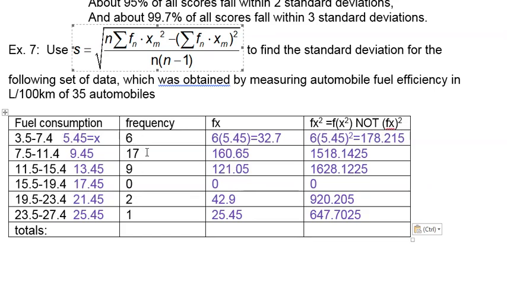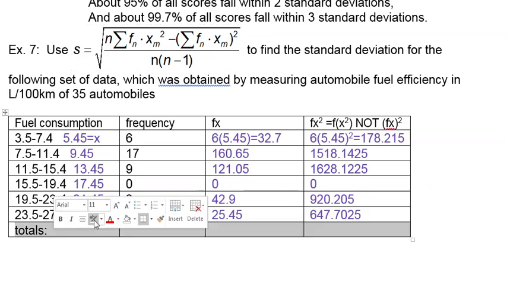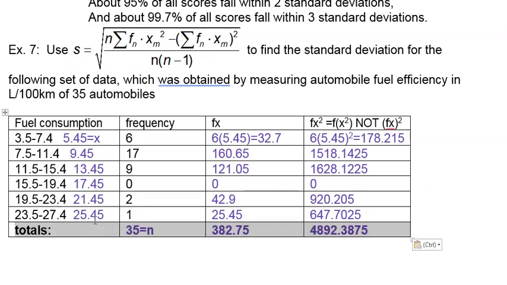It's going to be 6 plus 17 plus 9 plus 2 plus 1. So we need all those totals. So again, you may want to pause while you calculate them. And so we get these values. And I do have a note here, as I mentioned, sum of our frequencies is the same as saying n.